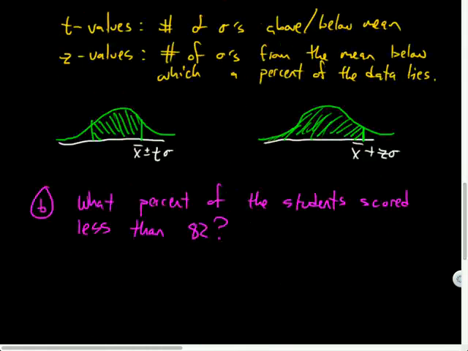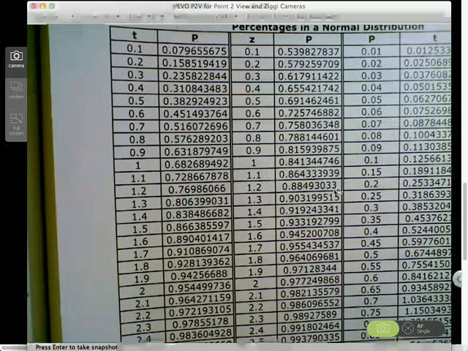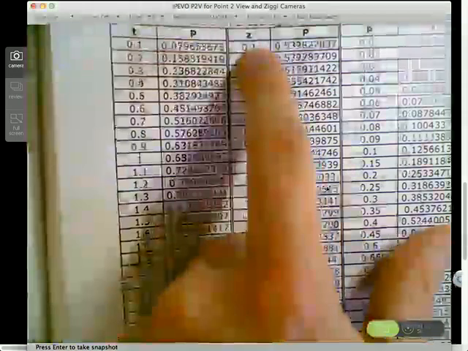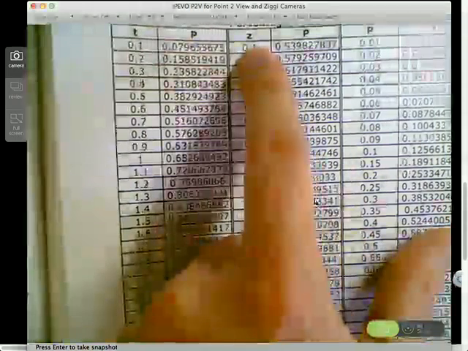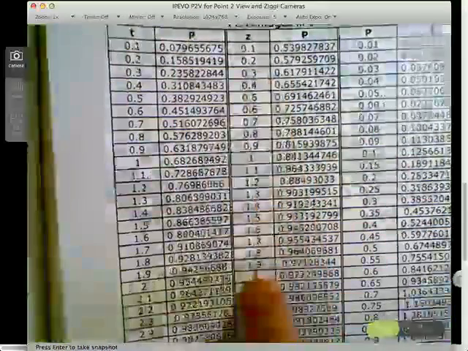And is this a t value or a z value situation? Z, because I'm looking at just the ones less than that. So z is equal to 2 here. And now I'm looking up the percent. So here's my z chart.